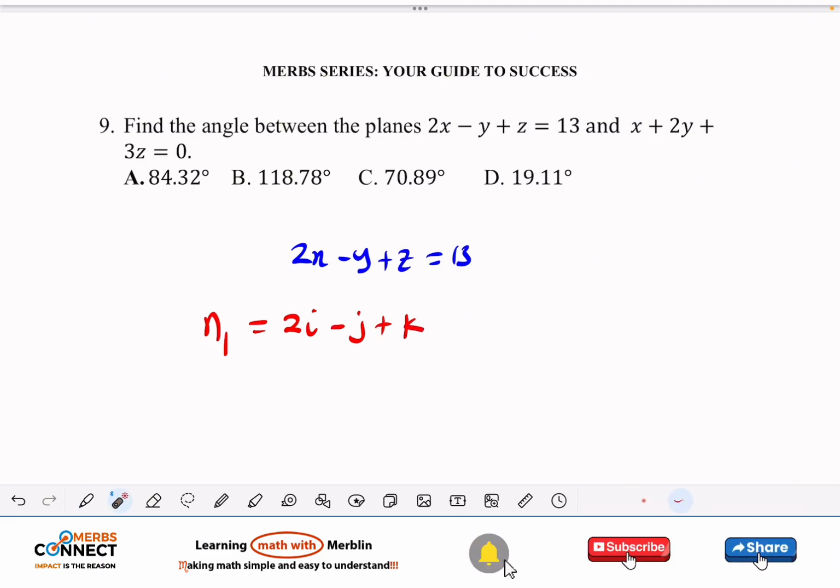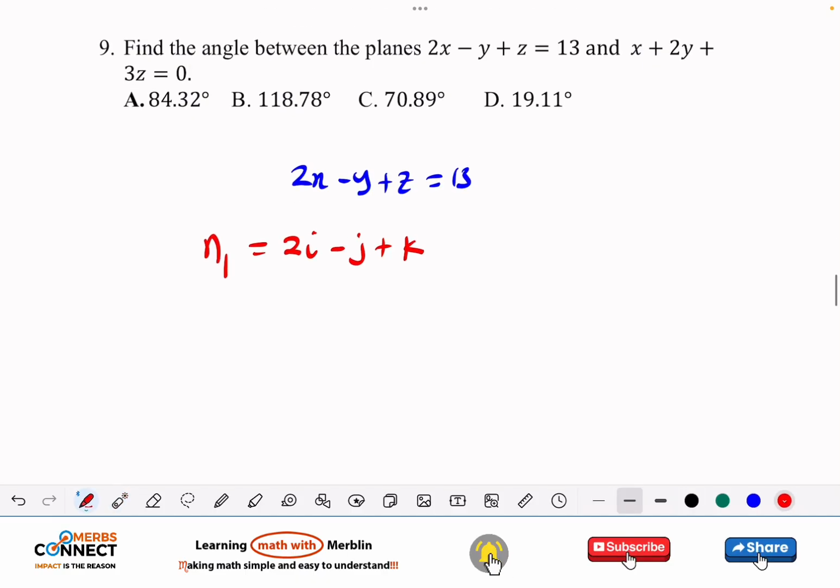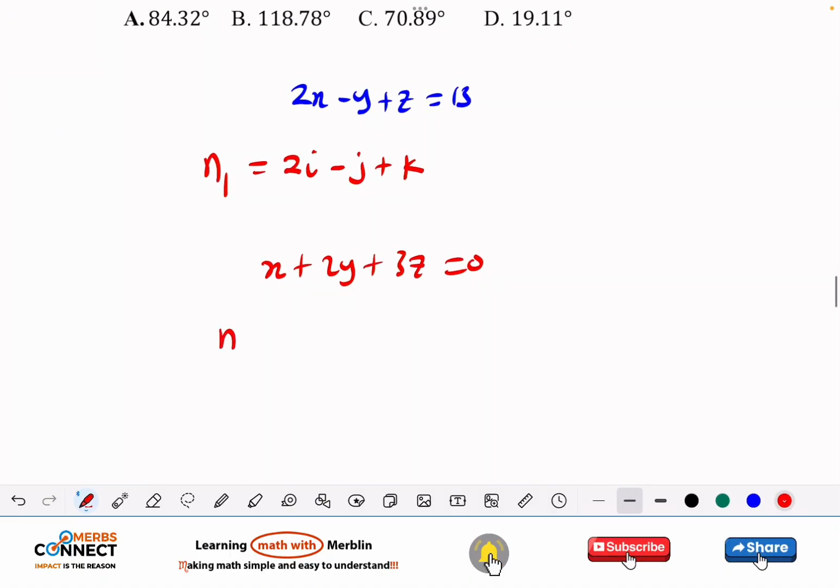So we pick the coefficient. This, we just ignore it. So same thing if you want to pick n2. So from x plus 2y plus 3z is equal to 0, n2 will be equal to i plus 2j plus 3k. Right. Then we can find the angle.